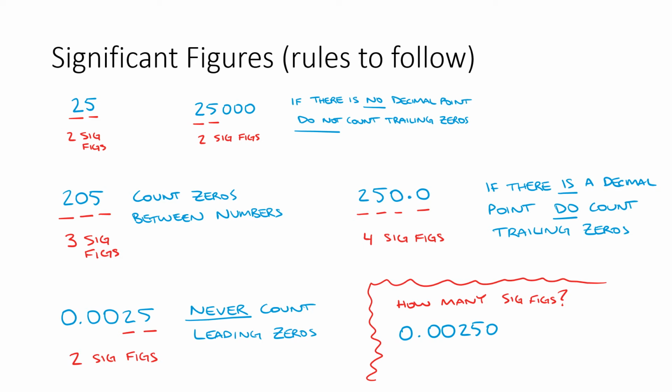That's okay. So for significant figures, if it doesn't have a decimal point, you just count what you see. So this will be 2 significant figures, right?